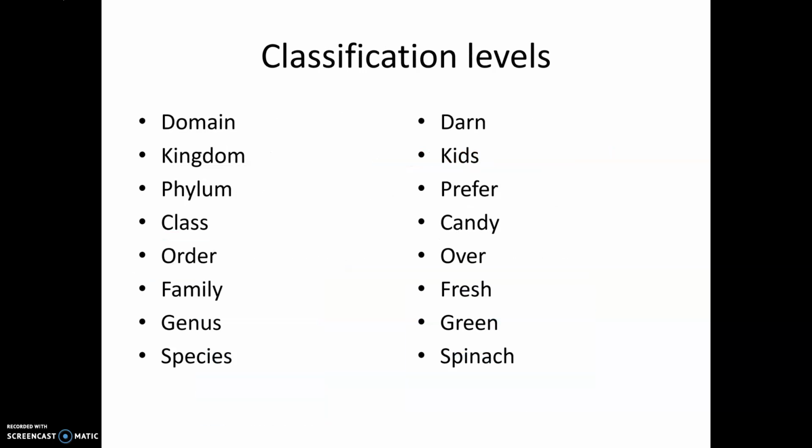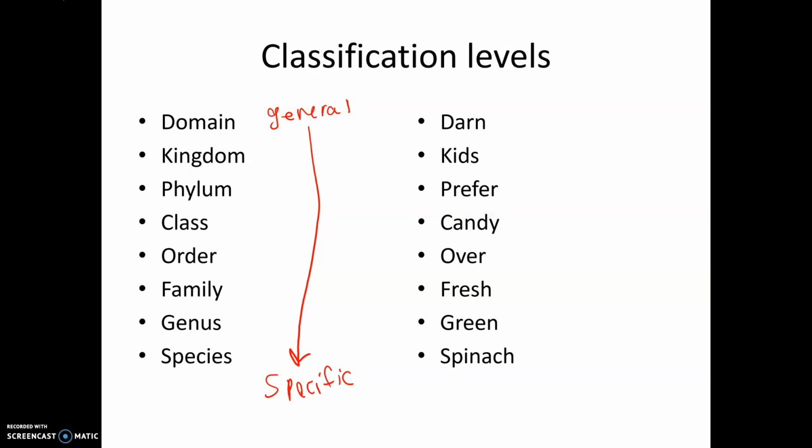So let's take a look at these different levels of classification. We start at domain, which is the most general, and we're moving down all the way to species, which is the most specific. As we move through these different classification levels, we're going to see the big differences between those animals.